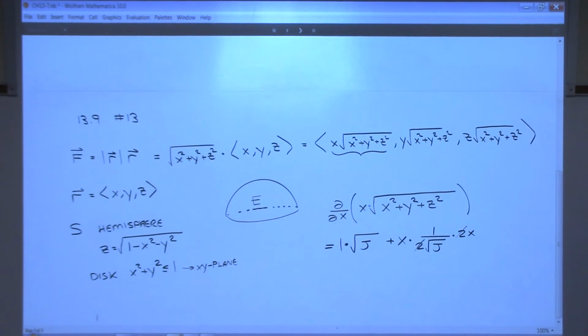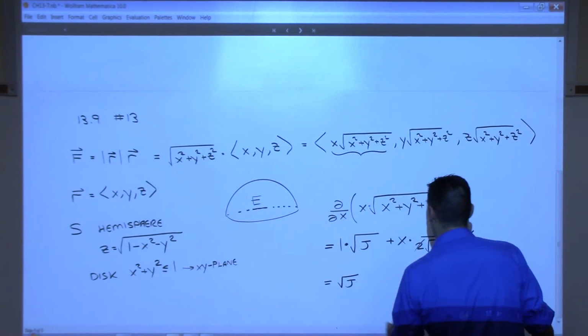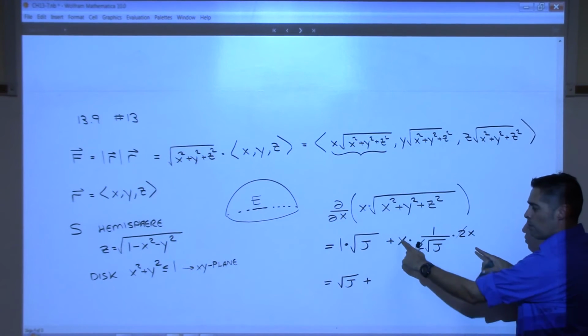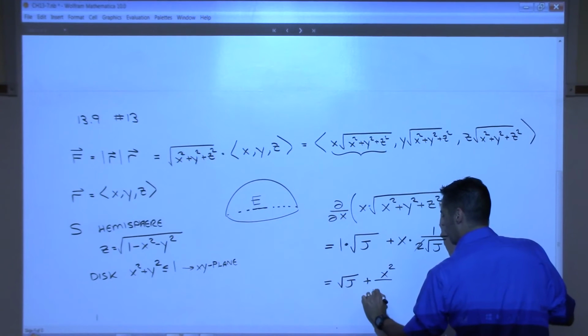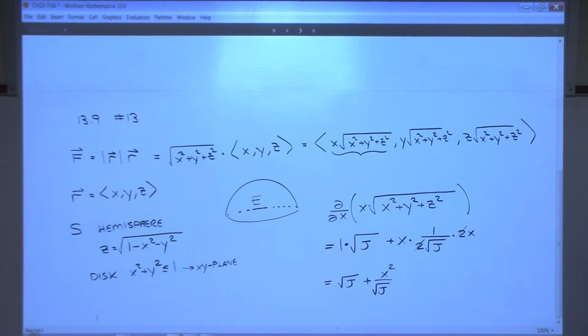Y'all okay? So I get root junk plus x squared over root junk. That all right with you? I'm just going to leave it like that. I could get common denominator and all that, but is it all right if I leave it like that?